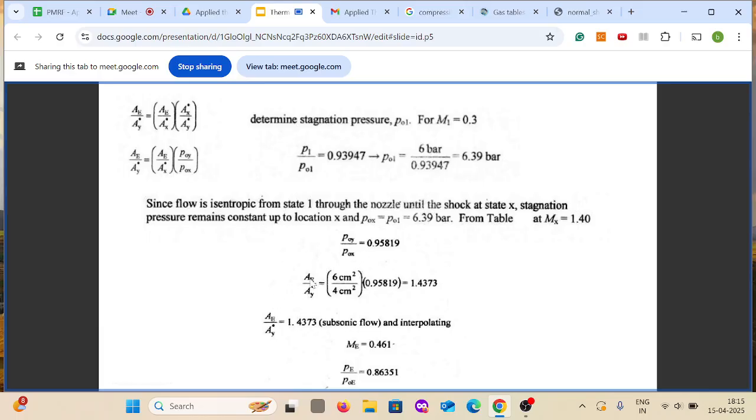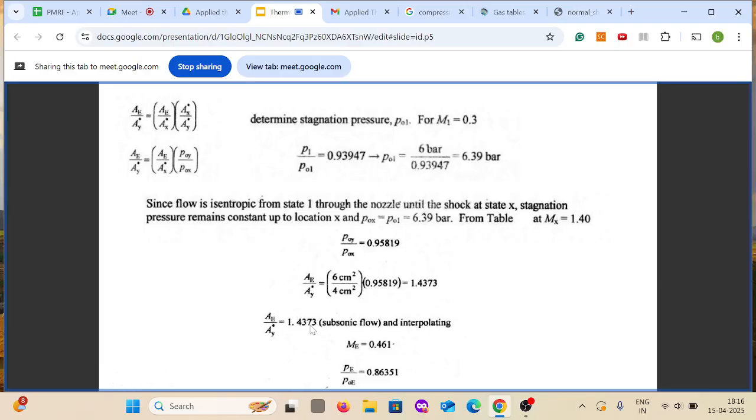So from there we know AE by AY is 6 by 4, the area ratio, into 0.95819. So this gives you 1.4373. So from now we know the exit area to the throat area.